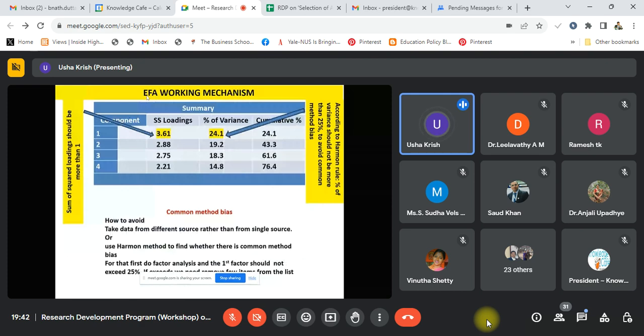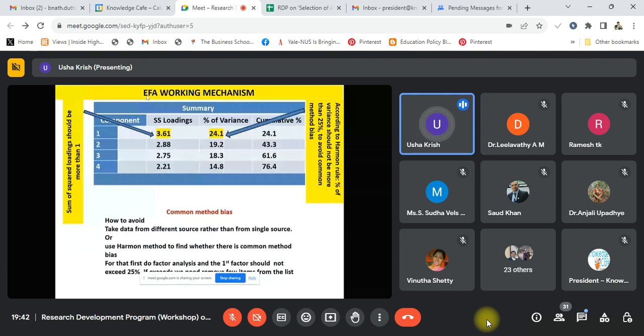For example, if my independent variable is organizational culture and dependent variable is employee performance, and for both these variables I take feedback from the same employee. So in this case, what may happen? He may give true feedback for organizational culture and wrong feedback for employee performance, that is his own performance.